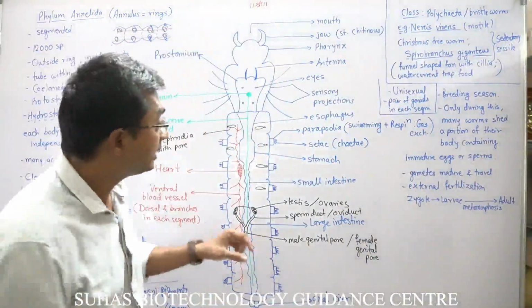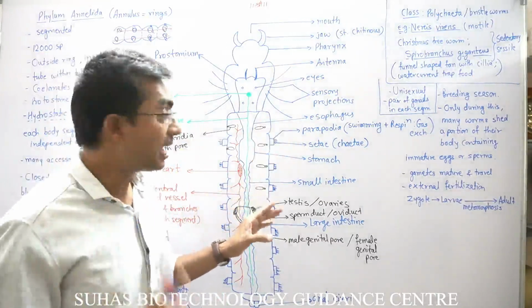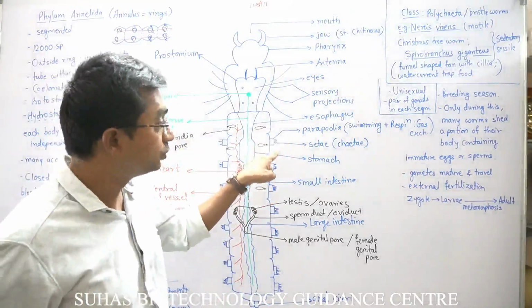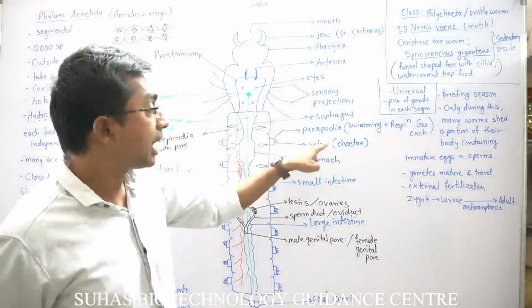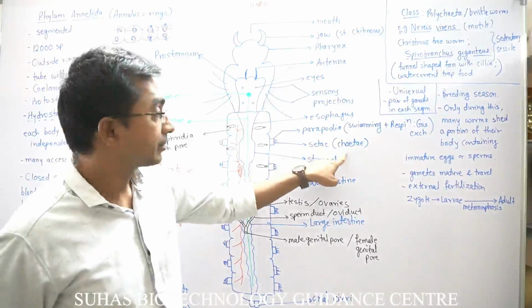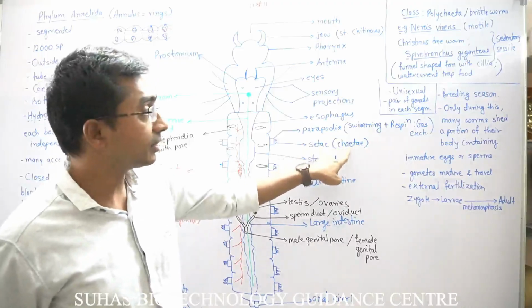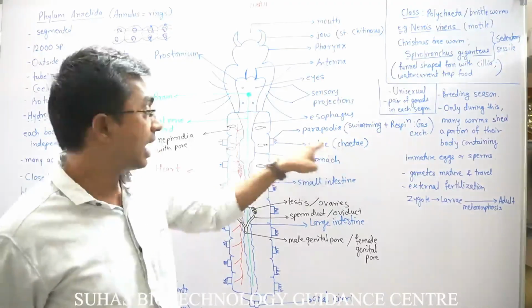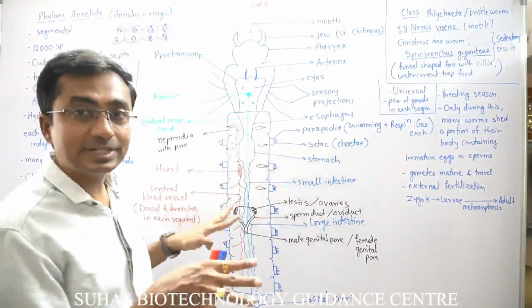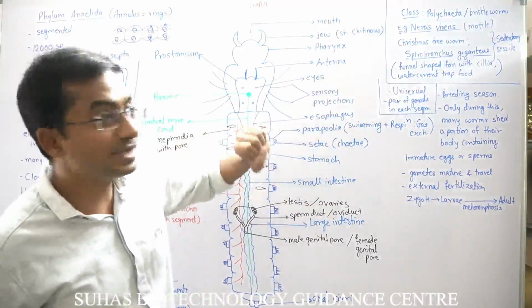And parapodia are attached to setae. The setae are also called chaetae, and because these chaetae are attached, they are called polychaete worms. And these setae are like bristles, and being bristle-like, we call them bristle worms also.